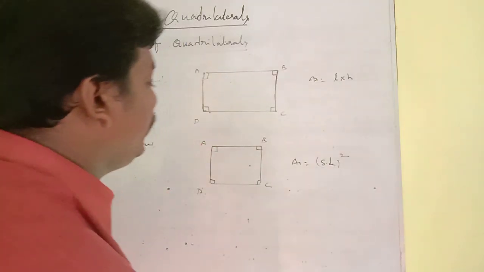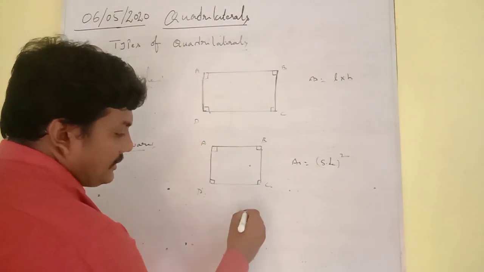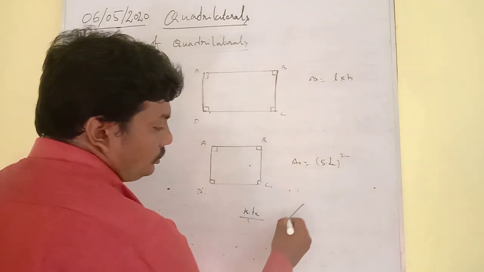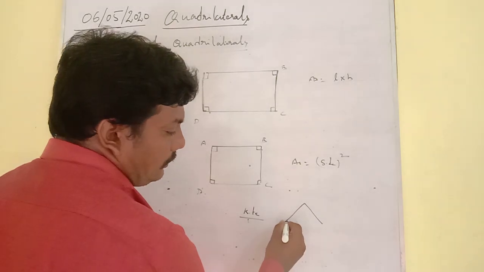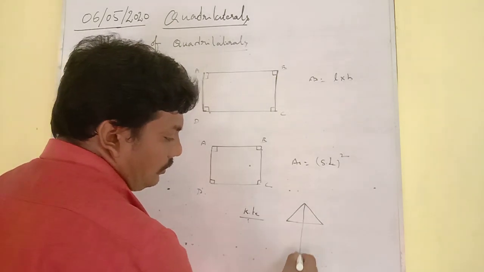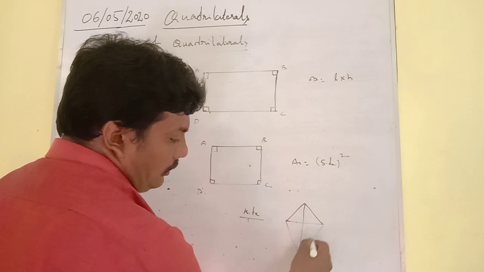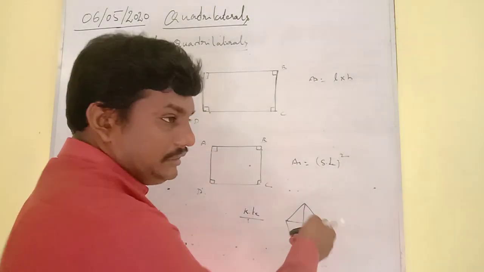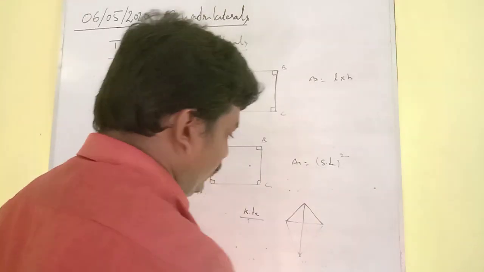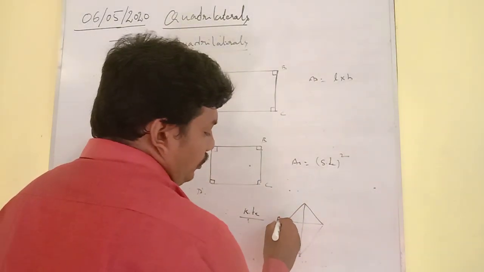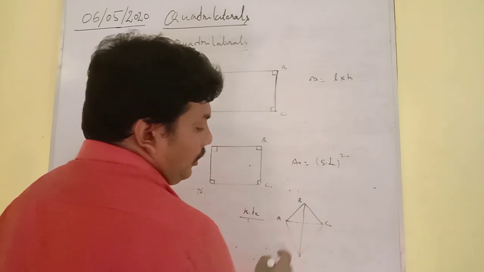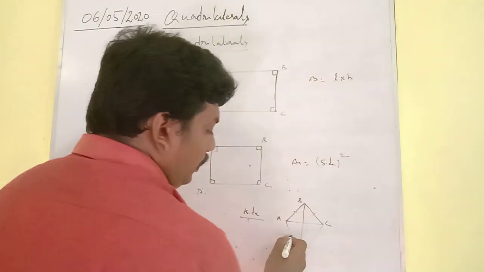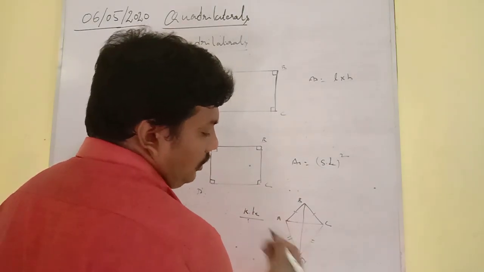Finally, we are going to discuss the kite. This is a kite. There are no specific properties for a kite, only one condition: one pair of adjacent sides are equal, and the other pair of adjacent sides are also equal.